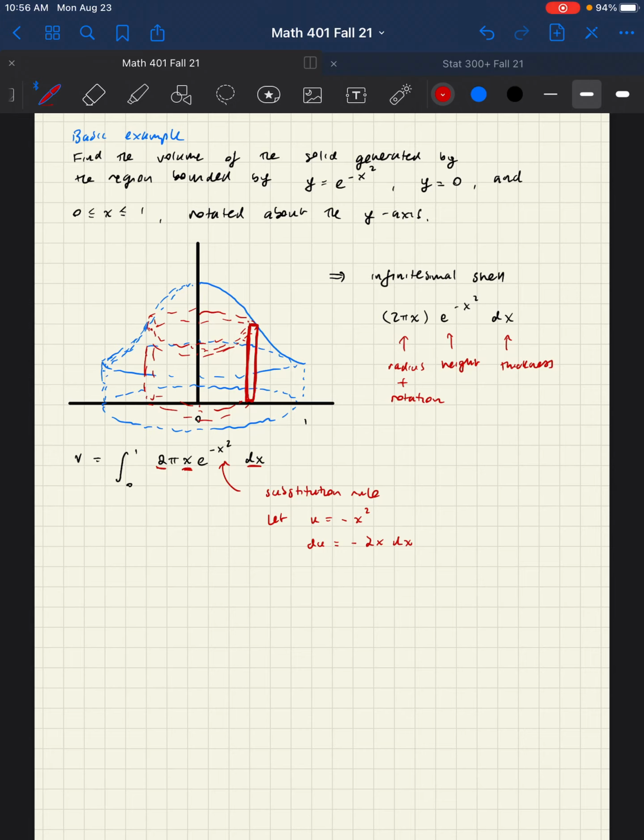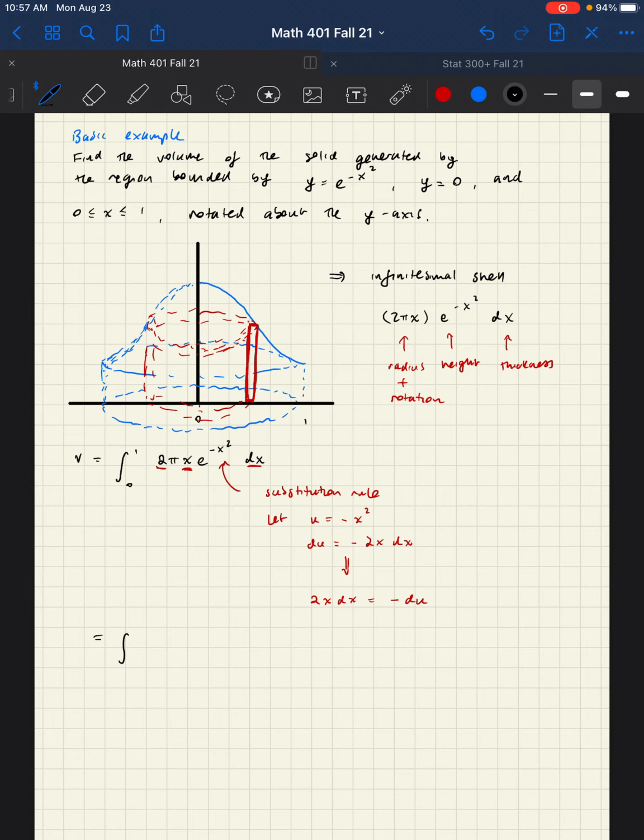And we can do even better, because the 2 is there too, so that's going to take care of that as well. So to be clear, that means that 2x dx is going to equal negative du. And so everything that I've underlined inside the integral is going to be replaced, and then we just have to put negative du.